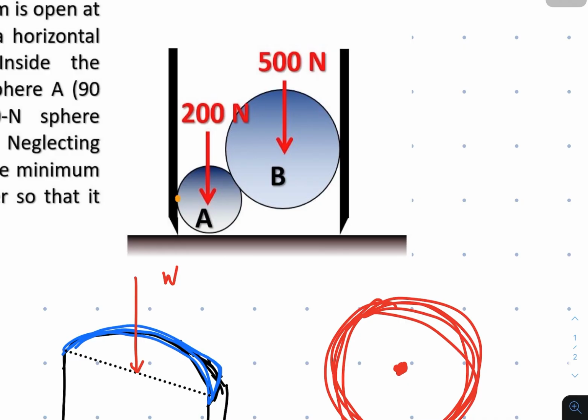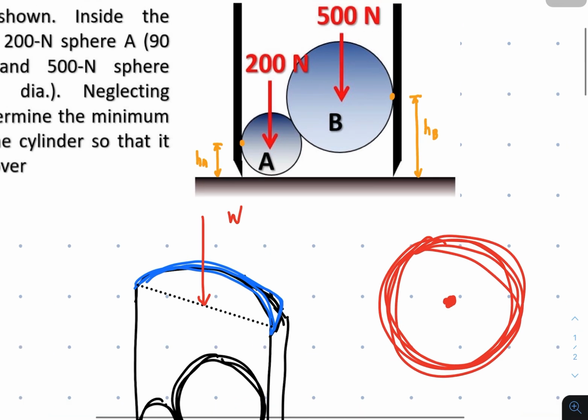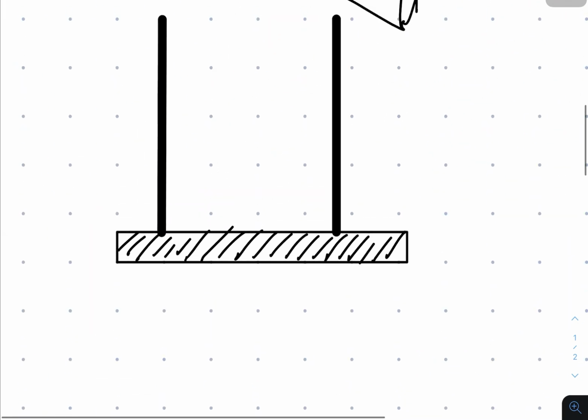This is point of contact A and point of contact B. Let's say from the horizontal, this is height B, and here from the horizontal, this is height A. So this is height A, and this is height B. Again, this is the point of contact here and point of contact here.